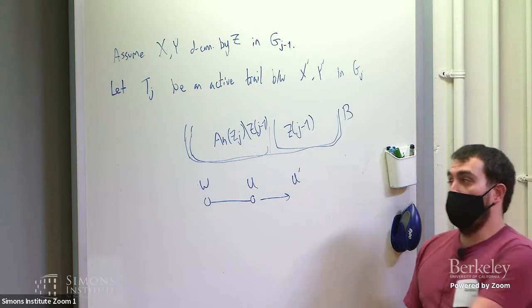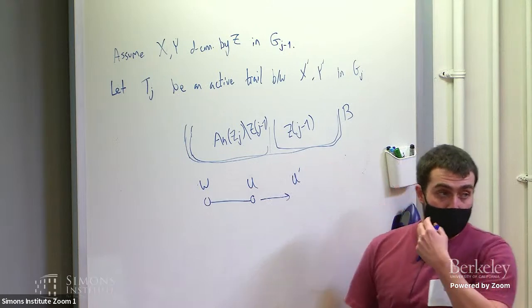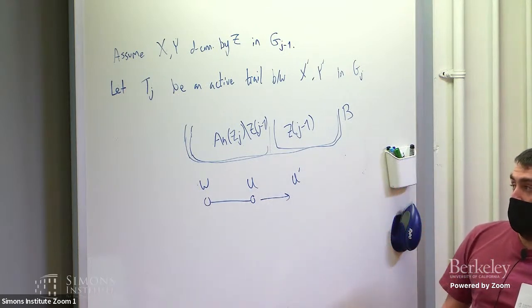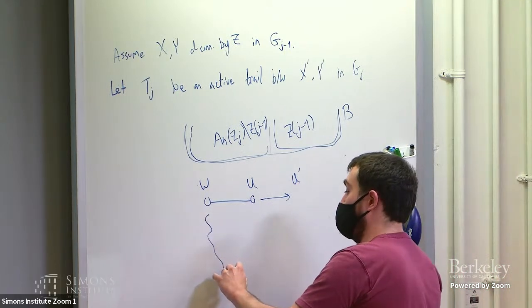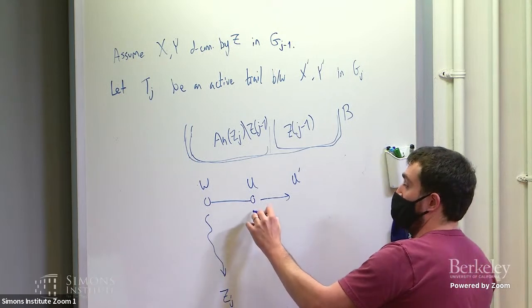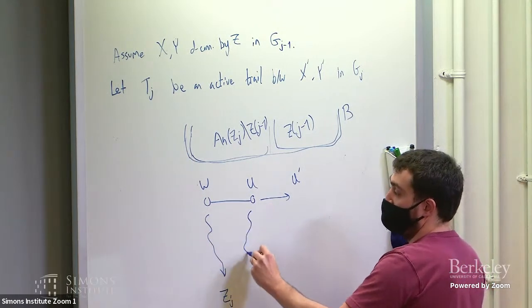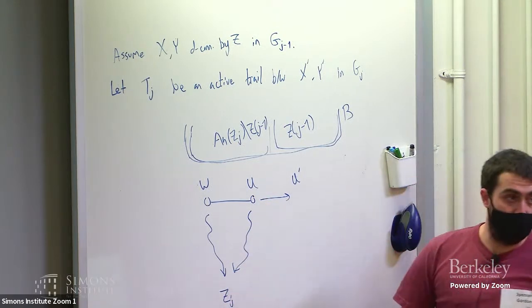Remember, W and U are both ancestors of ZJ in GJ-1, which means that in GJ-1, there's some directed path from W to ZJ, and there's some directed path from U to ZJ.